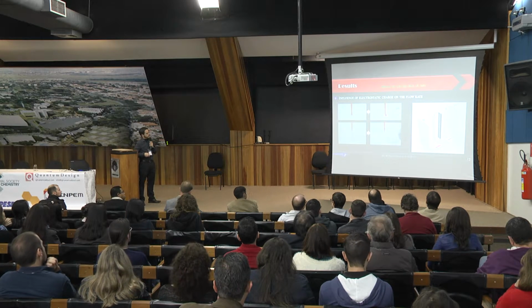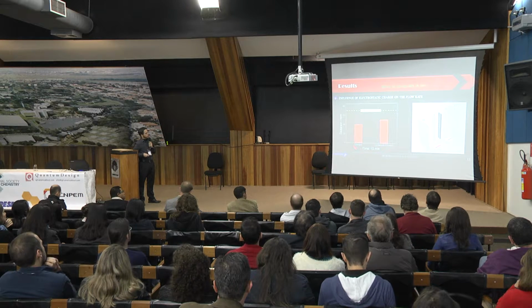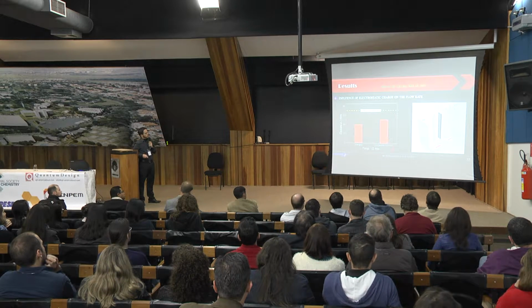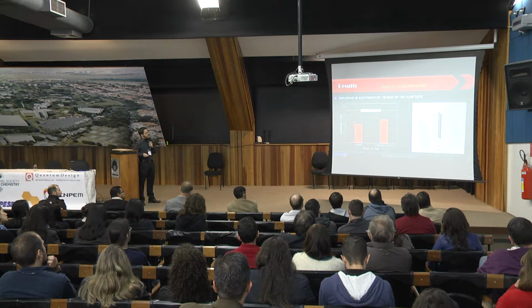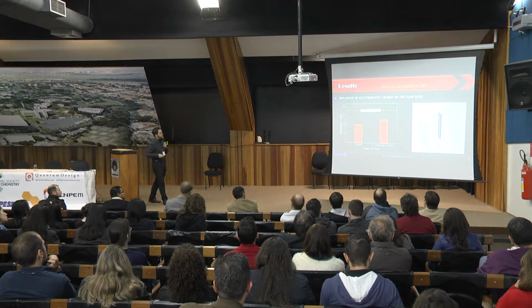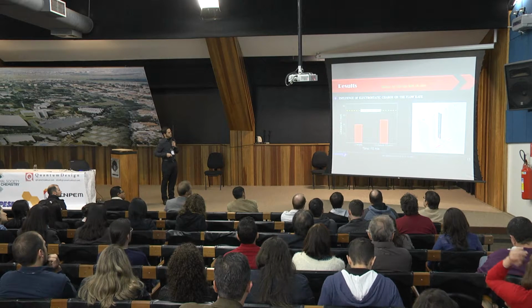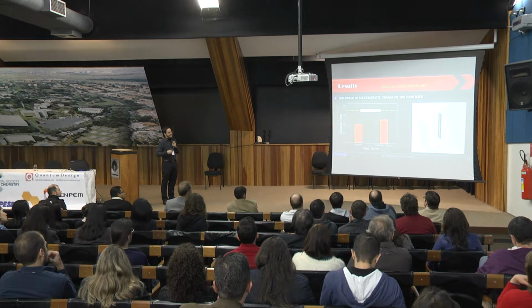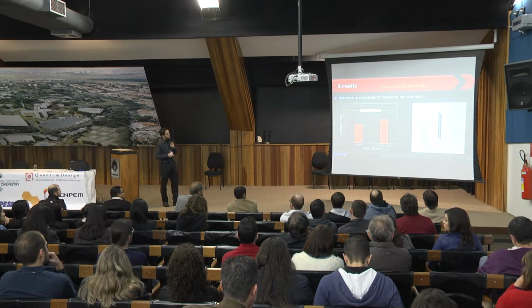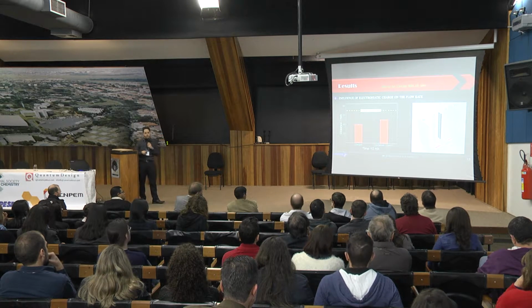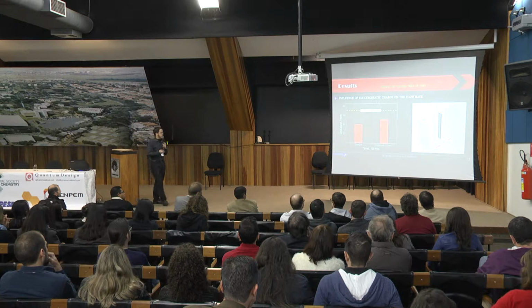With that spacer, we could see that for the charged surface, compared with the uncharged, we have a delay. So by using these spacers, we can delay the flow. Maybe we can control it.